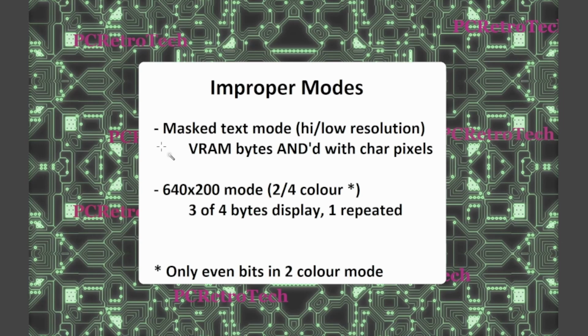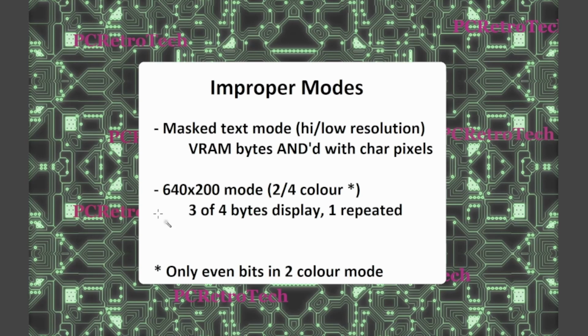So basically you'd have your ordinary characters, and then bytes of video RAM are used as a bit mask which is logically ANDed with the pixels on the screen, so some of them get blacked out. And now it's a little bit more complicated than that even, but I'm going to give a few examples in a moment because this is actually the mode that I decided to use for my little effect.